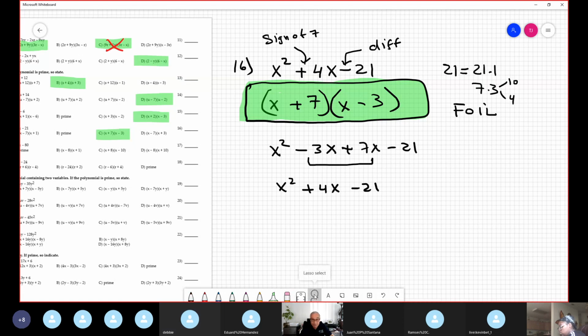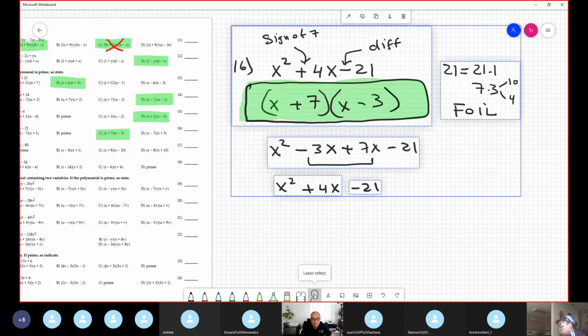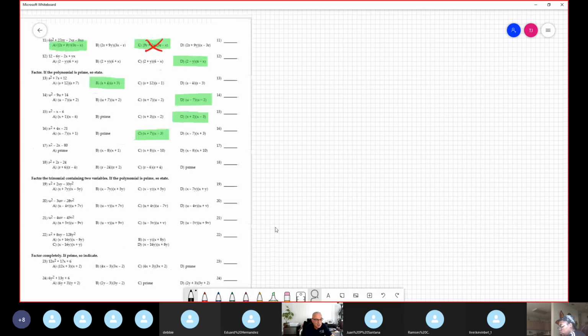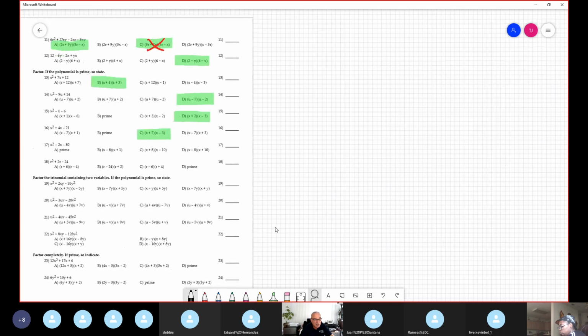Okay, 17 now. For doing 17, I suppose I need a little bit of help. 17 is x squared minus 2x minus 80. It's a regular trinomial.